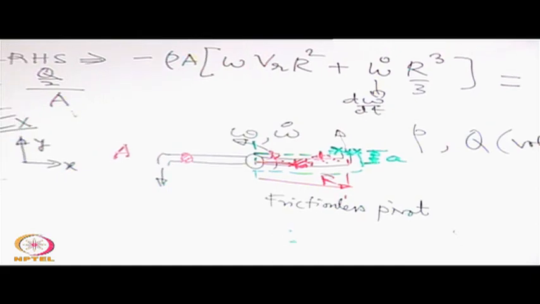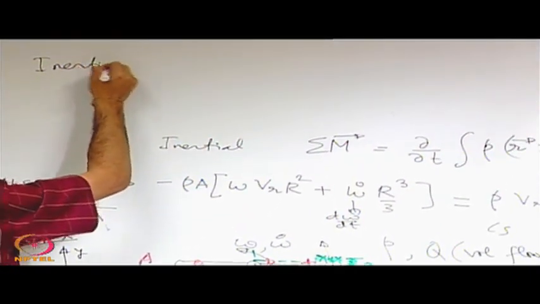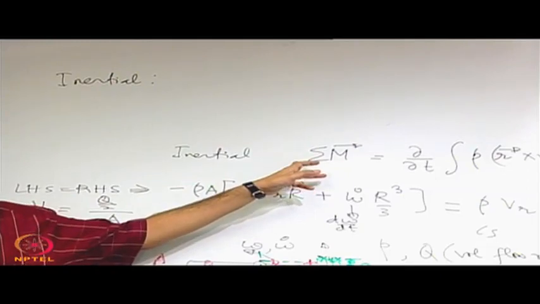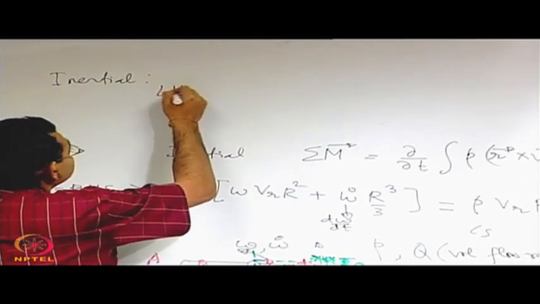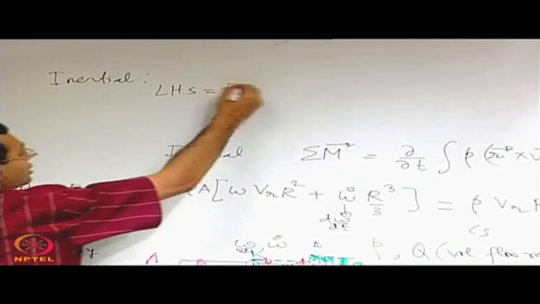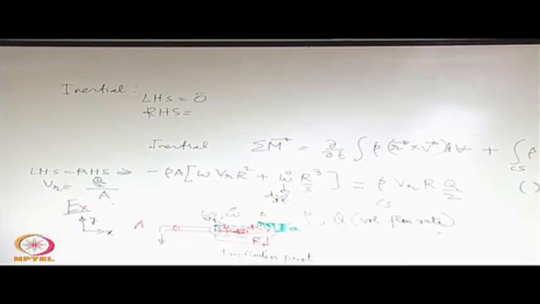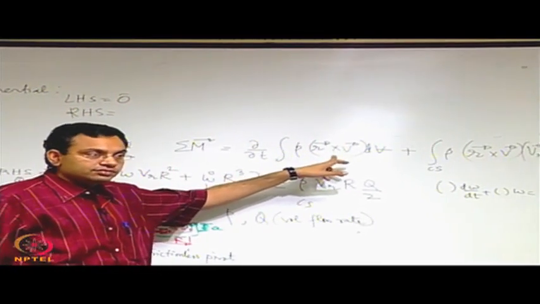Now, if you consider the inertial problem, that is the inertial reference frame way of looking into it, the left hand side is 0, a null vector, and then the right hand side. With respect to an inertial reference frame it will be unsteady.